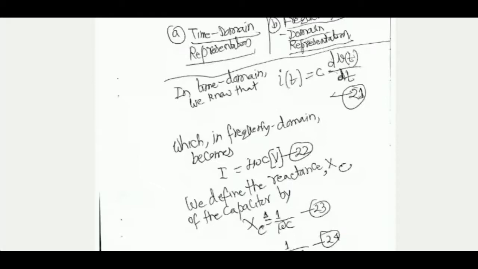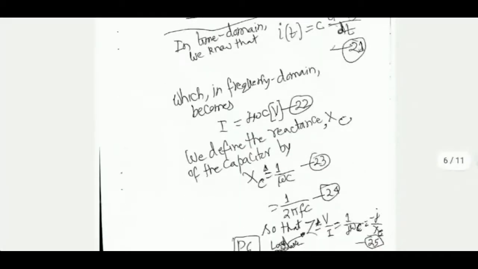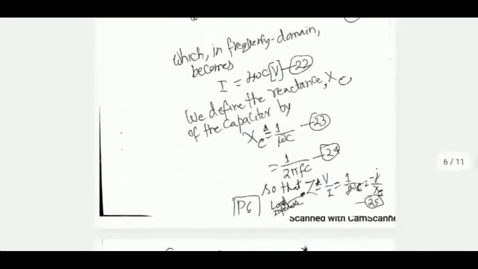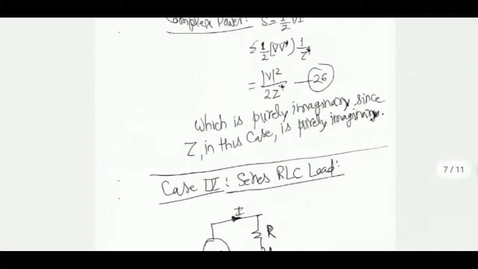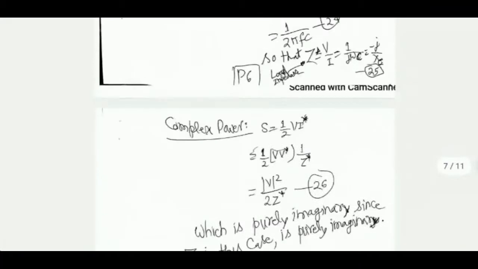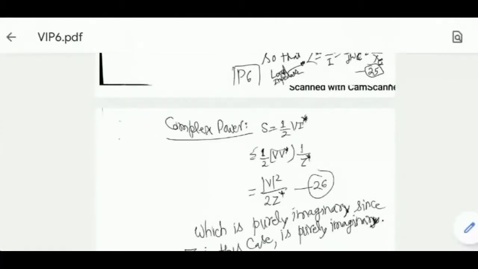I equal to j omega C into V. We define the reactance of the capacitor as 1 upon omega C, and we figure out the impedance of the circuit as 1 upon j omega C, which is minus j upon XC. The complex power again works out to have a purely imaginary value.